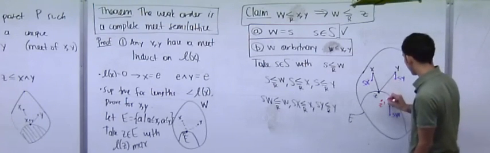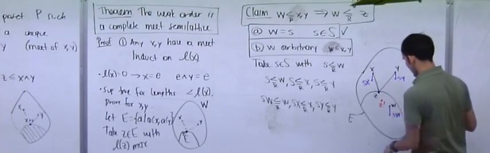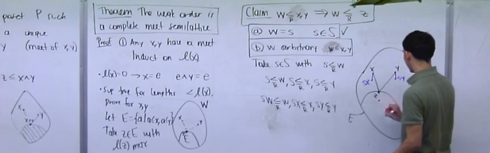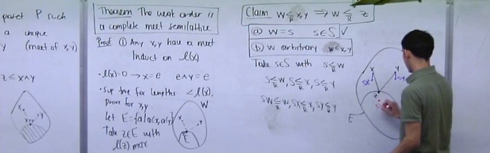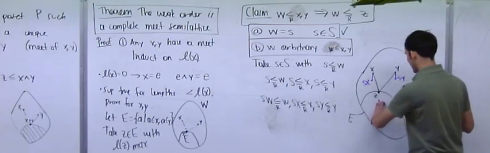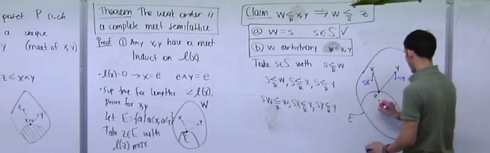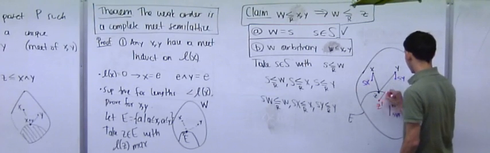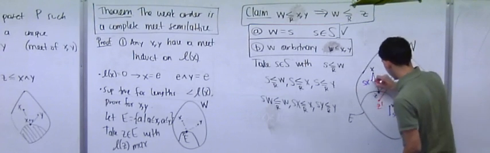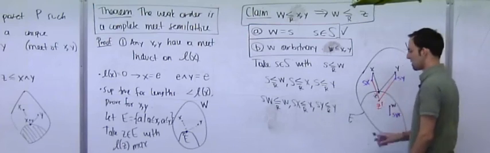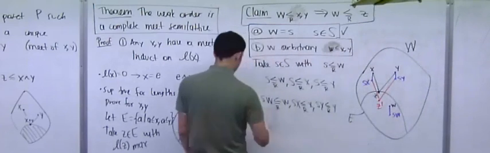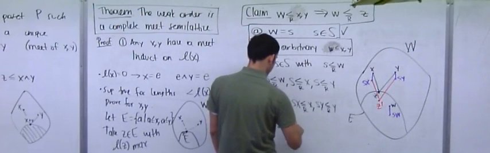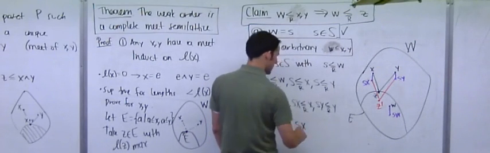Z prime is, well, so I want to say that it's right here. And I will prove it, but not yet. So for now, let's call it z prime. So z prime is the meet of this guy and this guy. So let z prime be the meet of sx and sy.